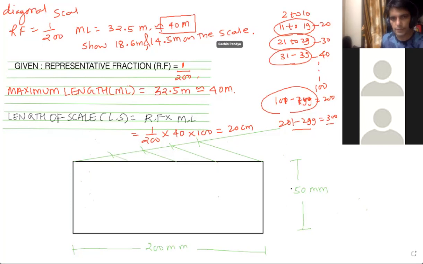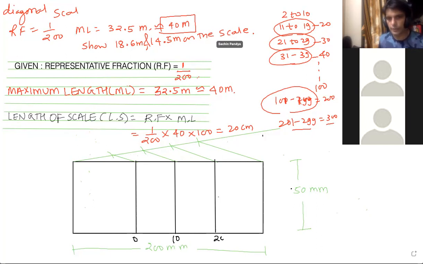See, this way you'll divide into 4 parts. Then we'll divide the first block into 10 parts. I'm writing 0. Here I'll write 10, 20, 30 because it is 40 meter. Over here I will write meter. Here also we'll have meter. We'll divide the first block into 10 parts.